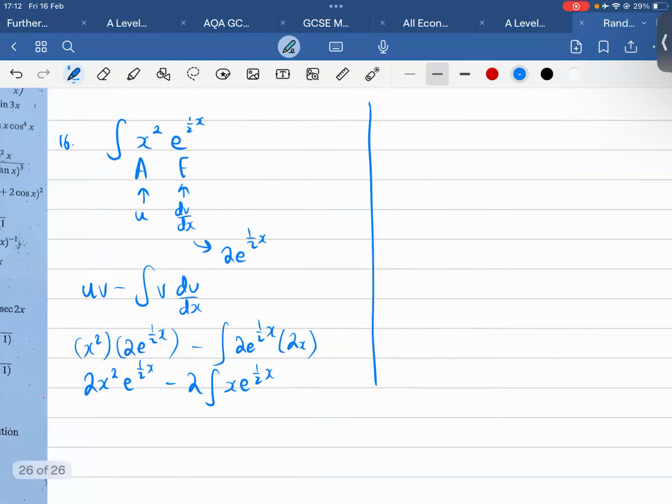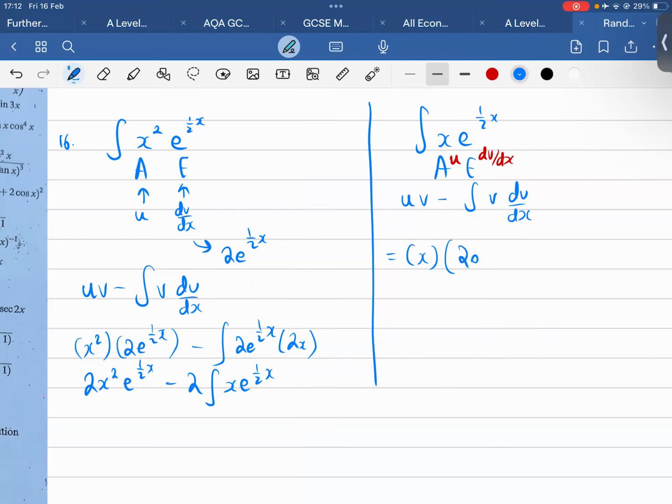So integrating x e to the half x is uv minus the integration of v du by dx, which is x times, when I integrate that, 2e to the half x, minus integration of 2e to the half x times 1 when I differentiate x.